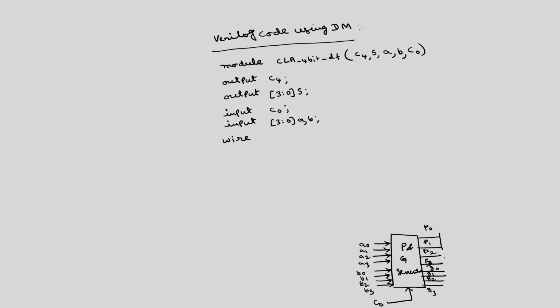Then this we are going to connect to the carry generation network. So, this will generate all the carries C1, C2, C3, C4. Then we have the final sum generation.